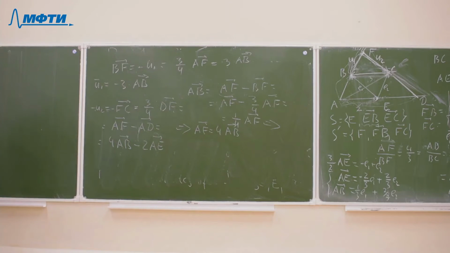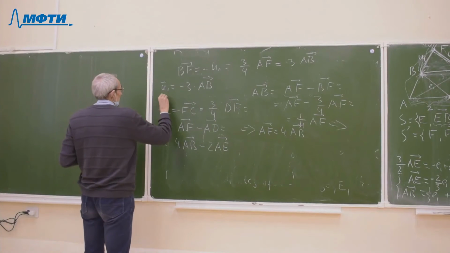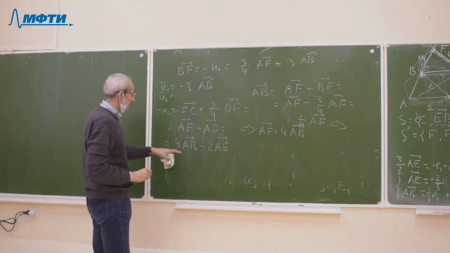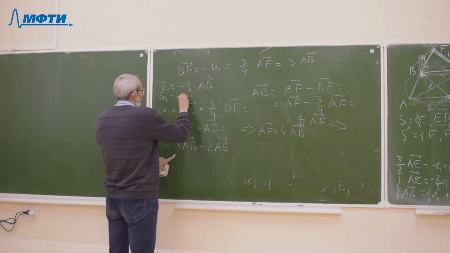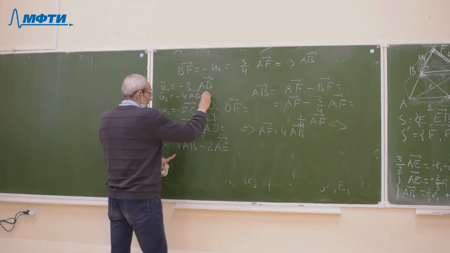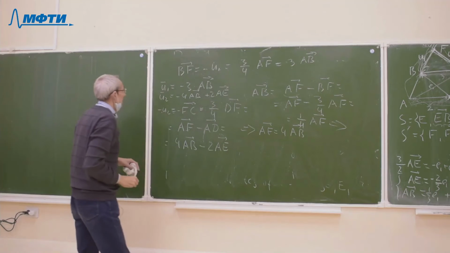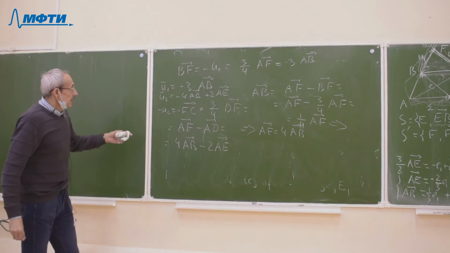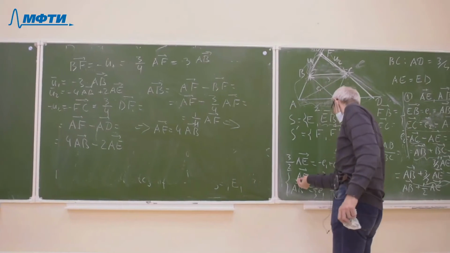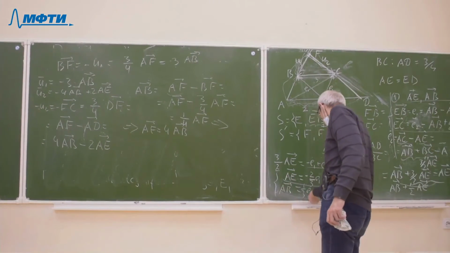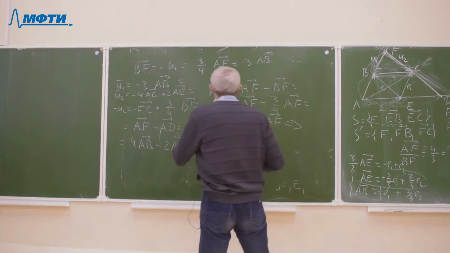And we express also the second vector U2, which is equal to minus 4AB plus 2AE. And we can substitute the expression for the vectors AE and AB in these two equalities.